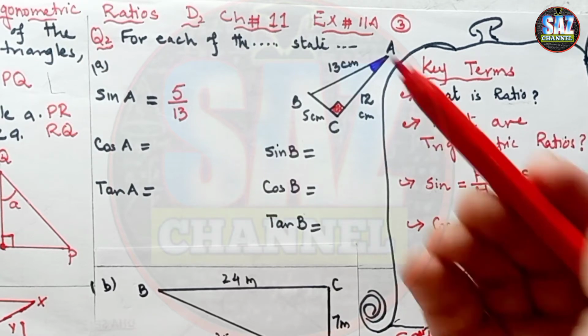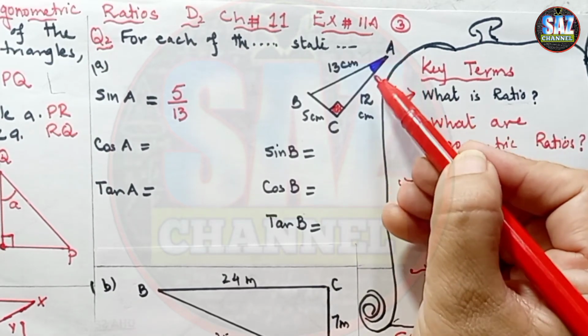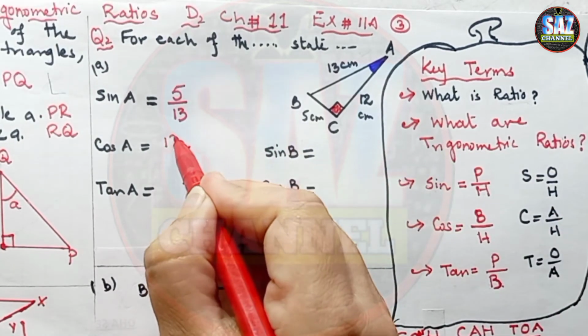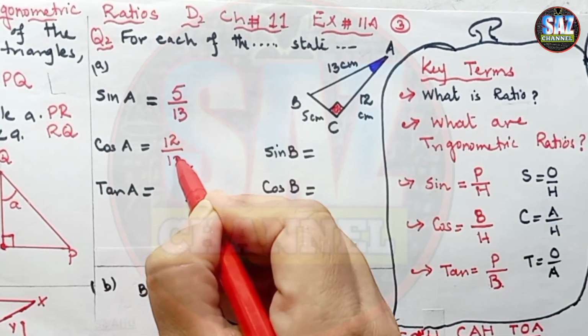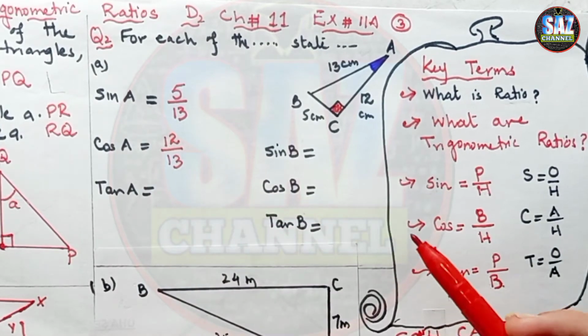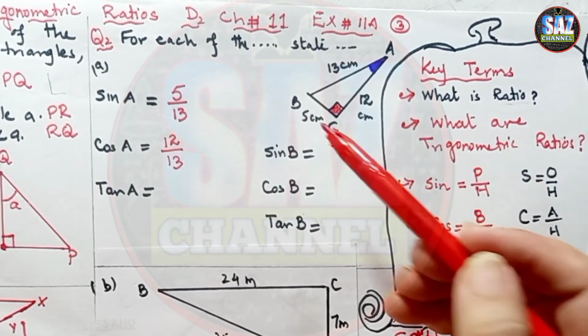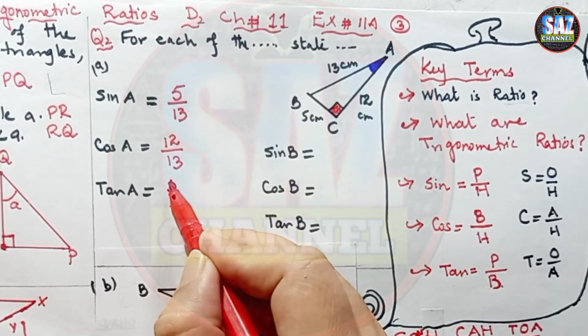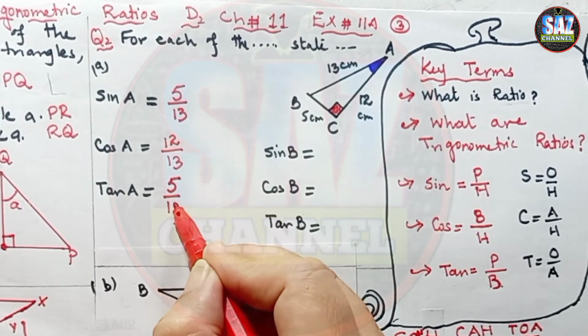With the reference of this angle A, adjacent is 12 upon hypotenuse is 13. And tangent A is opposite upon adjacent, and now this is 5 by 12.